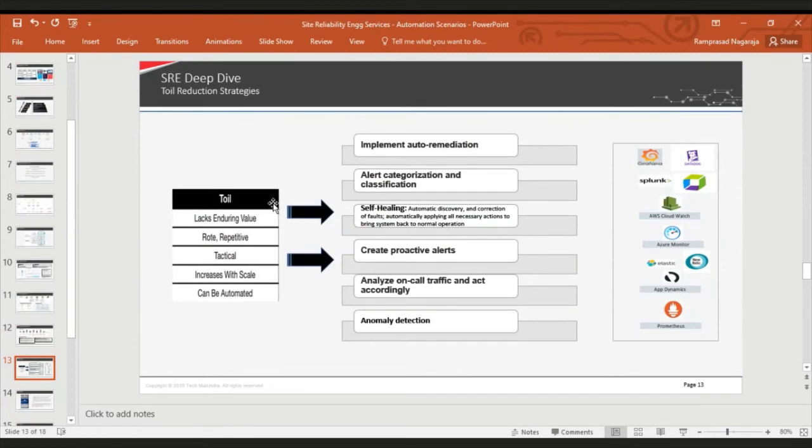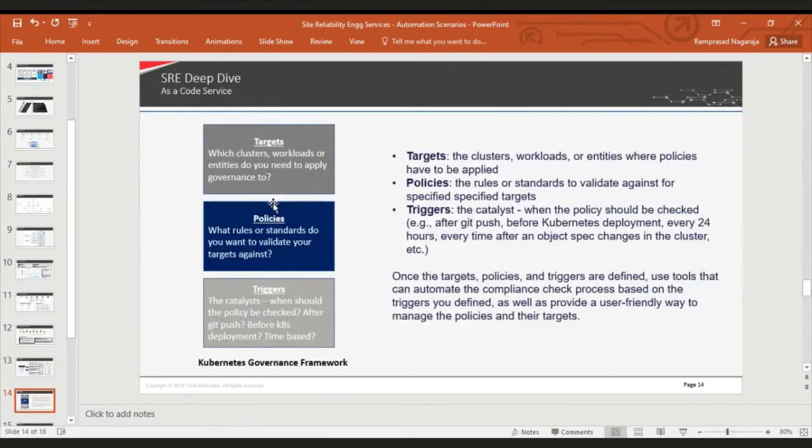This is a slightly deeper drill down in terms of what I talked about as a code service. So this is one of the automation at creating policies that need to be applied so that you can have standard policies to validate against when you're setting up workloads, clusters, right?